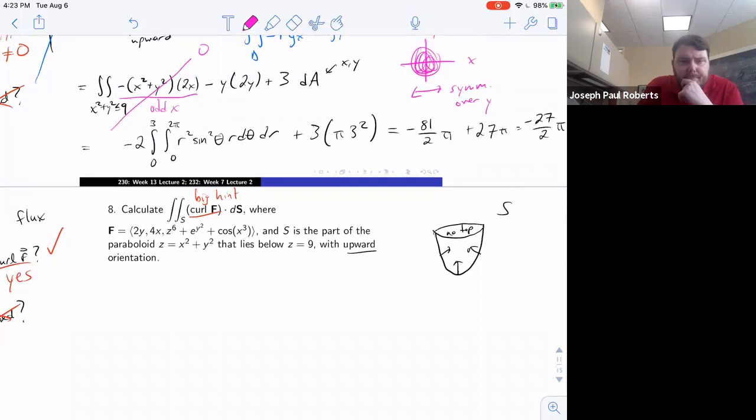All right. So finally, let's do probably the trickiest one, the Stokes theorem for this, because you actually have two choices here.